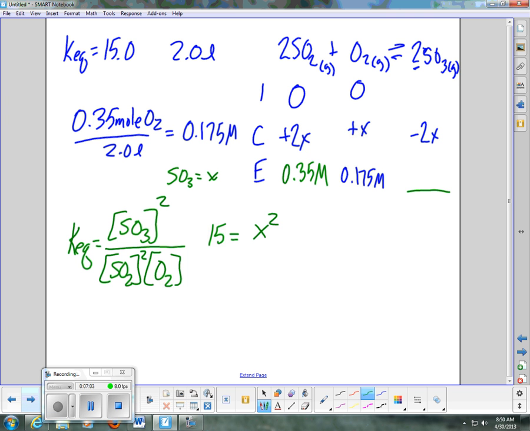So x squared on the top divided by 0.35 squared times 0.175. And now I just solve for x. Solve for x, get a number. That's not our final answer, though, because it asks how much was put into the container. So when you get an x, let me know. Don't forget to square root it.